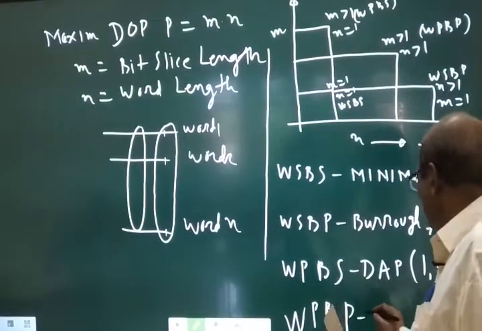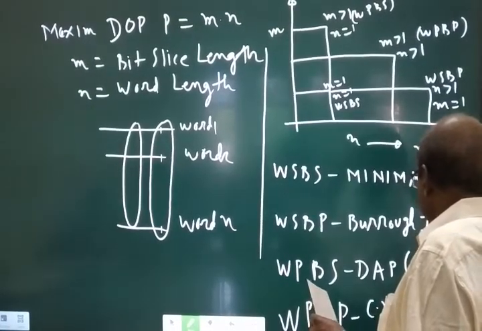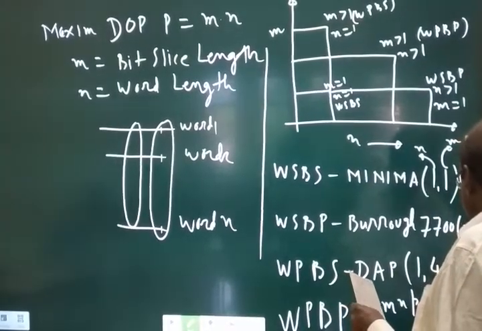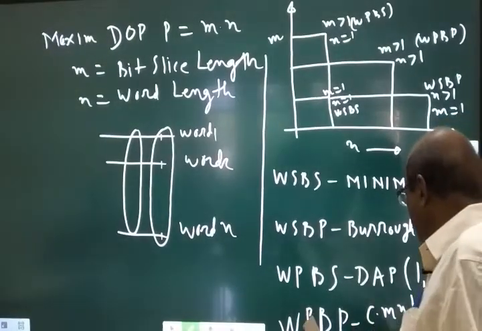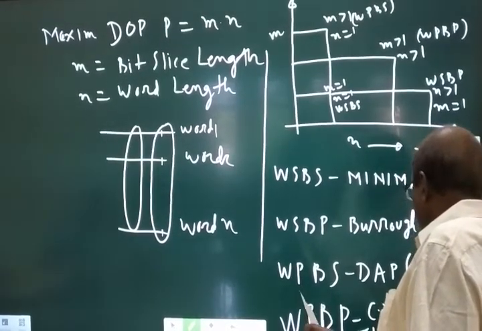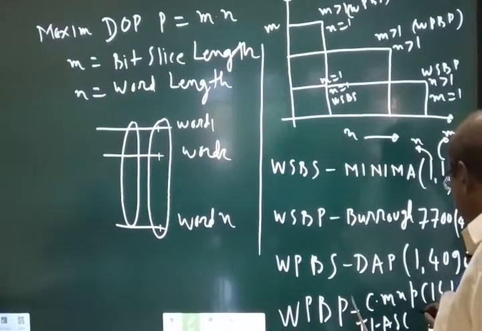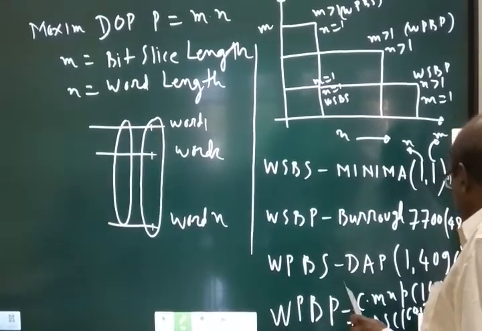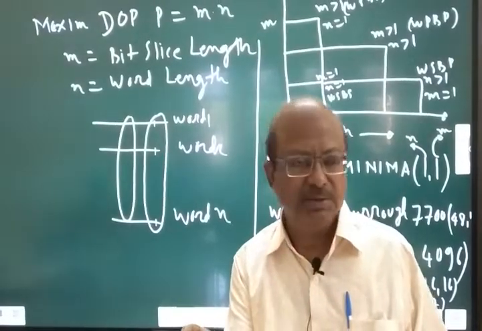And in the word parallel bit parallel category I am giving two examples, CMNP 1616, and second computer is called TI ASC. Okay, TI ASC, this is the name of the computer, and dimension is 64 32, where 64 is word length, 32 is bit slice length.